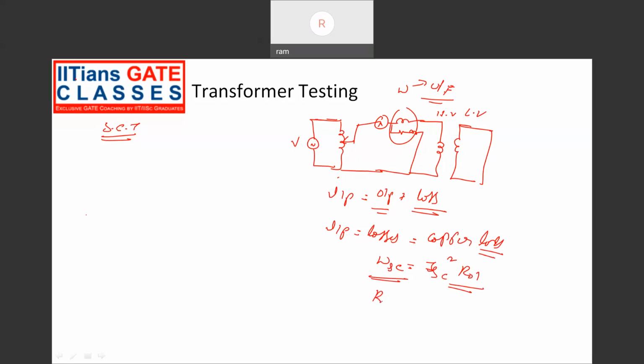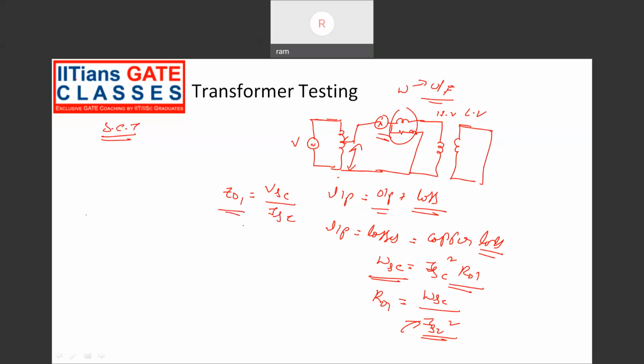From this we can get R01, the total resistance of the transformer, equal to WSC by ISC square. ISC can be obtained from the ammeter reading. Once we have ISC, we can also get Z01 as VSC, the reduced voltage, divided by the ammeter current.